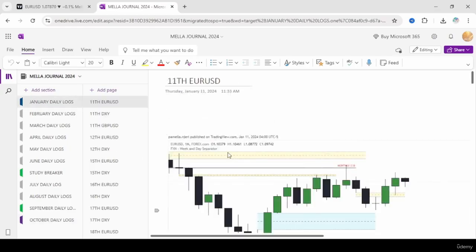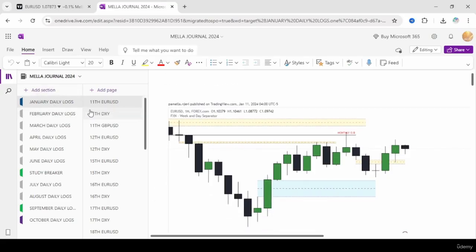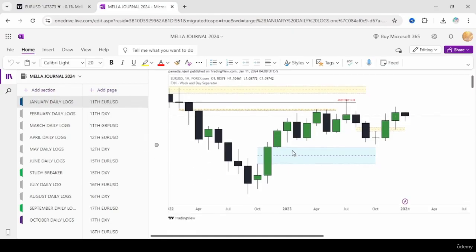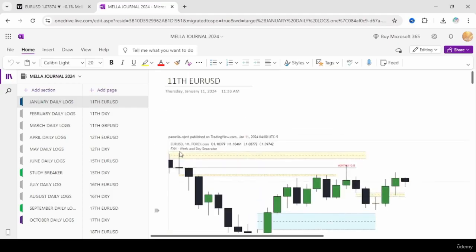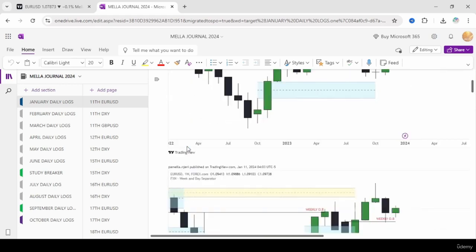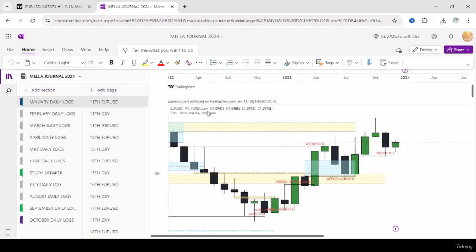You can see, like for me, since January, sometimes I come back to this data. I think January I started trading on the 11th. So you can come back and study something. Because it was a new month, you start from the monthly.